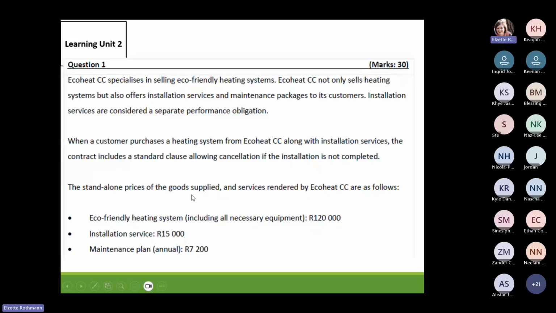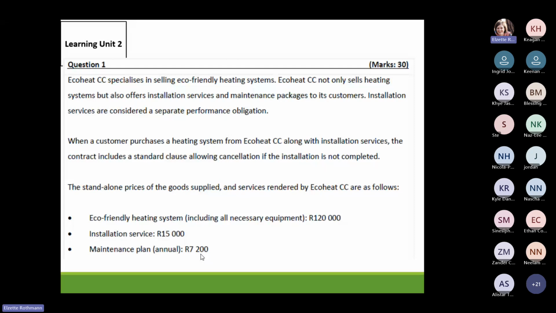So we put the 3 separately and then we add the total. So if you take 120,000 plus the 15,000 plus the 7,200, that is what it will cost if you purchase all 3 separately. But then they tell you in transaction 2 that the company purchased the 3 items together for 130,000 Rand.